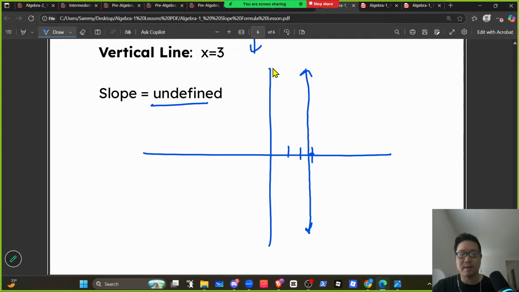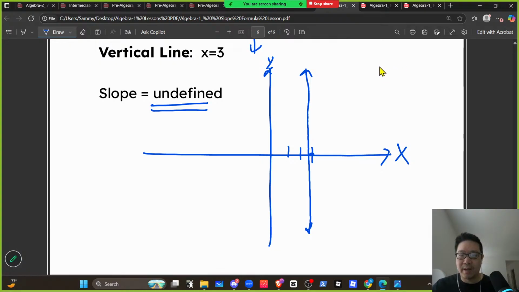So whenever you're asked, what is the slope of a vertical line, you want to answer undefined. It's not zero. It's just undefined, because you end up with a situation where you're dividing by zero.